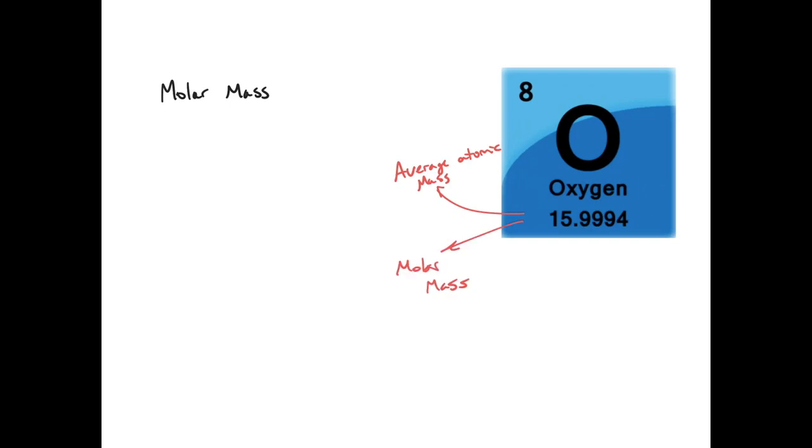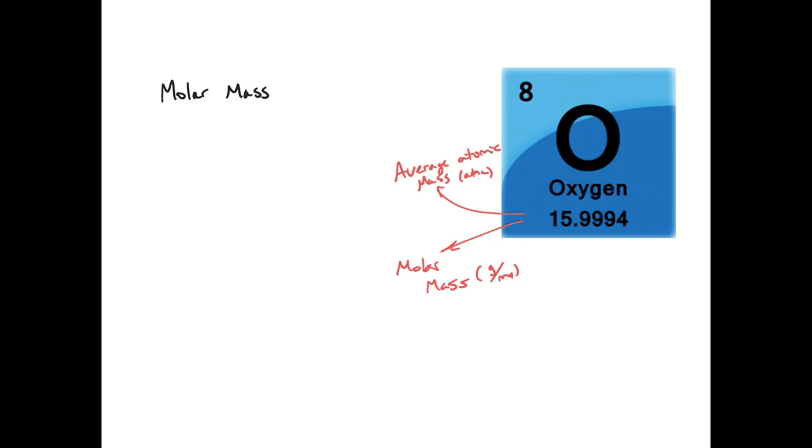Now the difference between them is the average atomic mass is measured in atomic mass units, or AMUs, whereas the molar mass is measured in grams per mole. So if you're talking about a single atom of oxygen, its mass is 15.9994 atomic mass units.